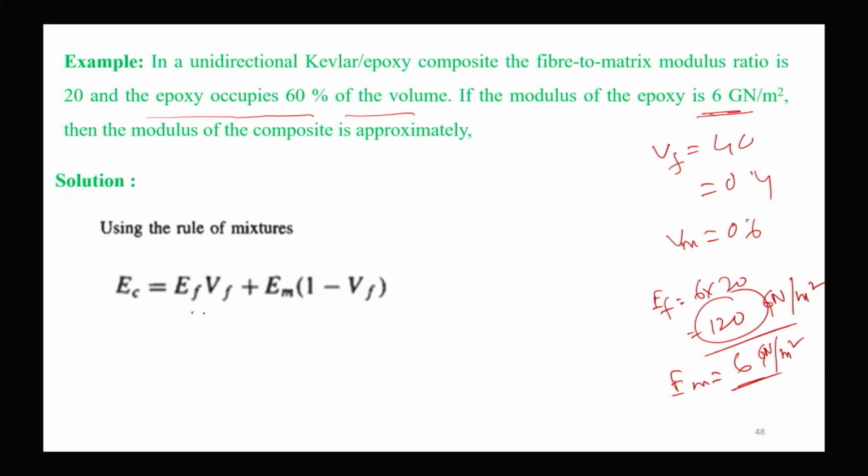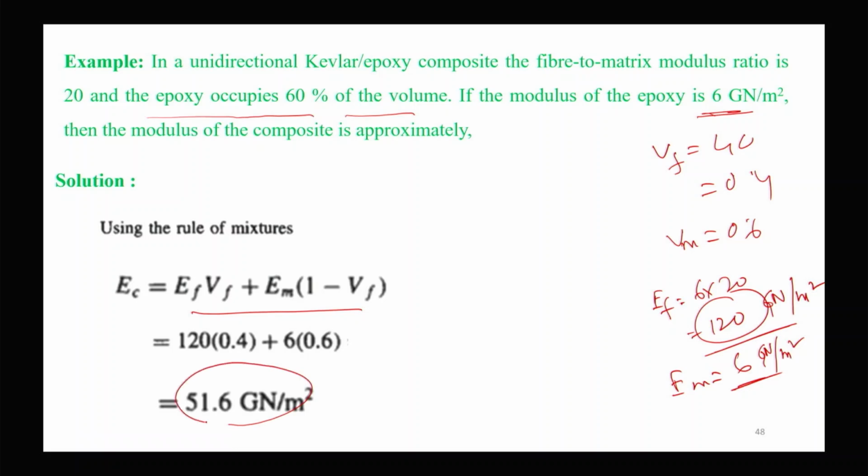Using this relationship, it is a simple calculation: 120 multiplied by 0.4 plus 6 multiplied by 0.6, and it comes out to 51.6 giganewton per square meter.